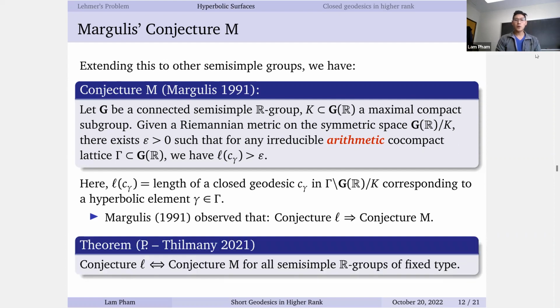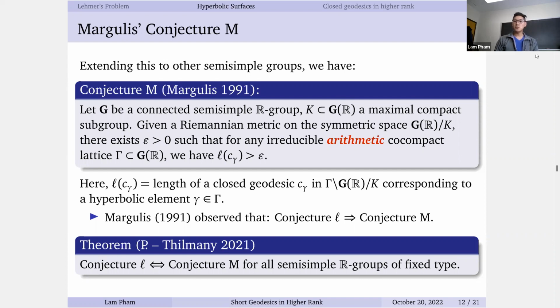In earlier work with François Thilmany, we actually showed that this weak Lehmer conjecture for all levels, despite being weaker than the Lehmer conjecture, is actually equivalent to Margulis' conjecture for all semi-simple real groups of fixed type. What does this mean?